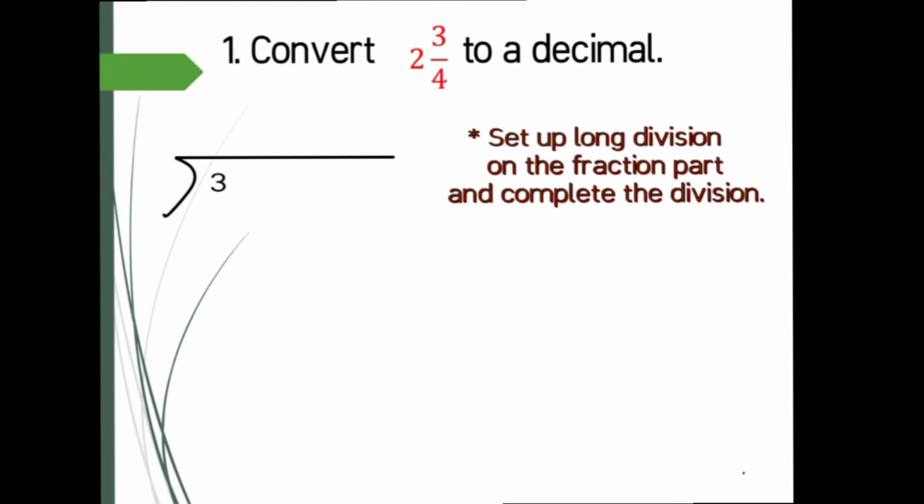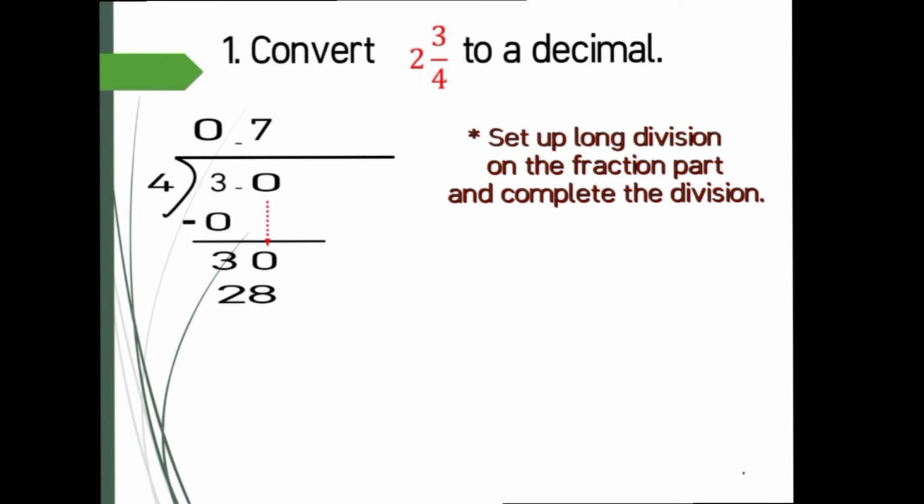So, 3 divided by 4 is 0. 0 times 4 is 0. Subtract natin, magiging 3. And then, lagay tayo ng 0 at saka decimal point. Bring down 0, magiging 30. 30 divided by 4 is 7. 7 times 4 is 28.